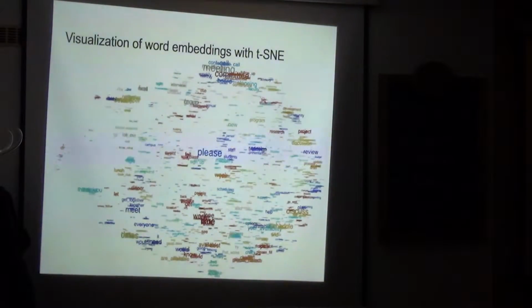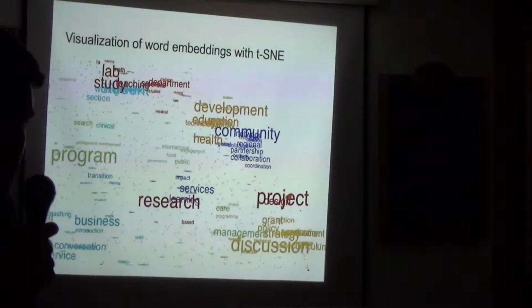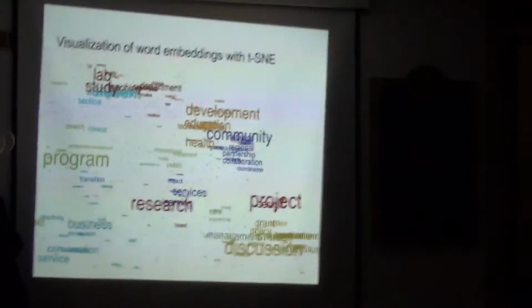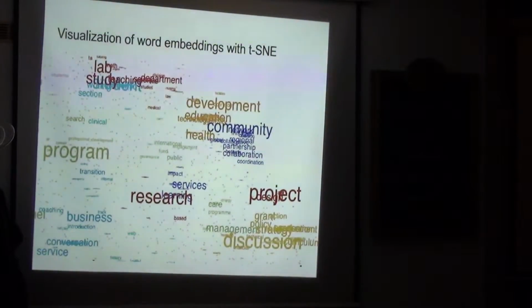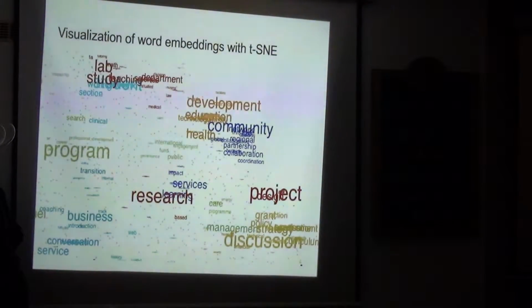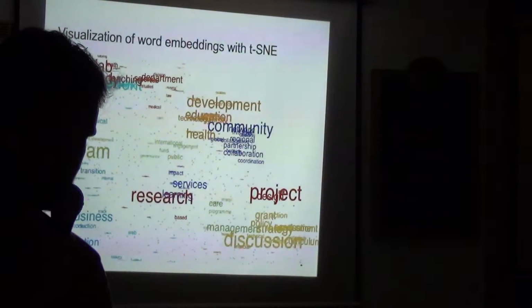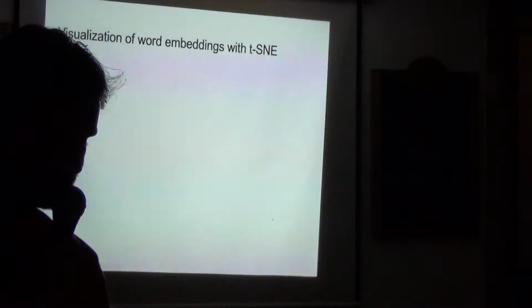So every word has, let's say, 300 features because it's a vector, and we can reduce this to two numbers, two coordinates in a plane like this. So we can see that similar words are close to each other, and that's useful in multiple use cases.